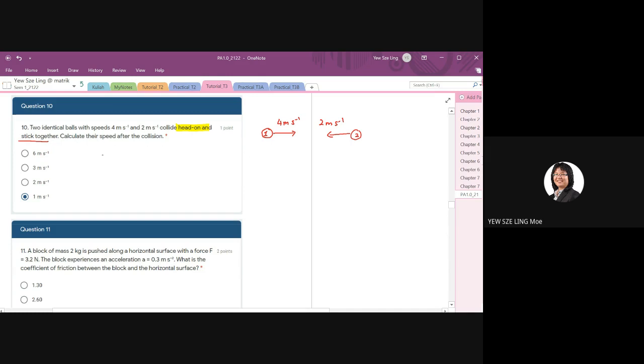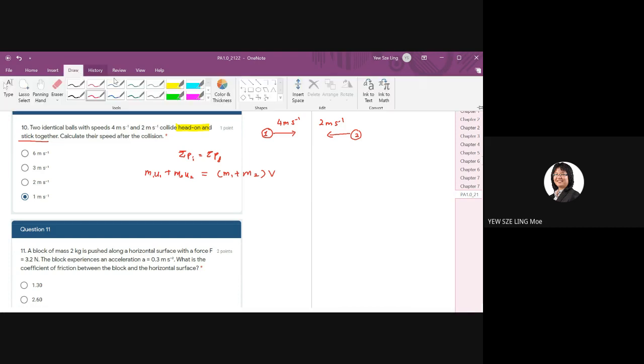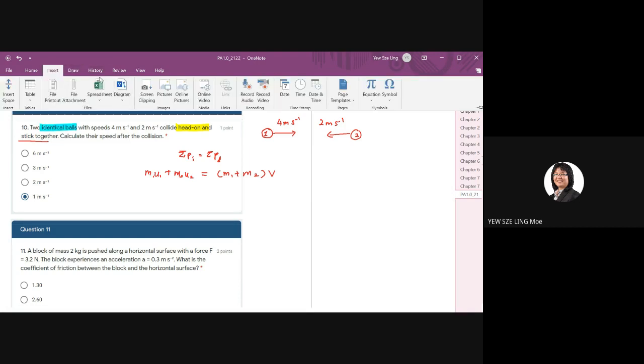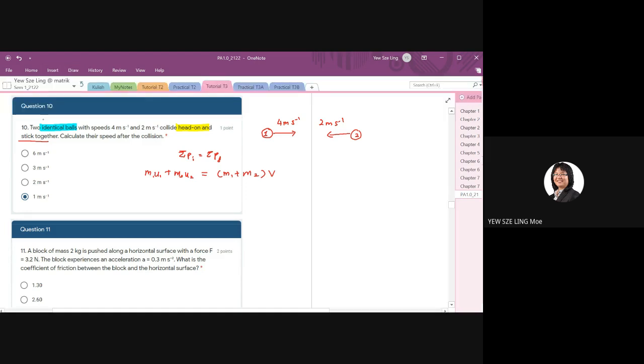So what can we do? Now you have a collision, then we use conservation of momentum to calculate it. So summation P initial equals summation P final. Initially, we have M1 U1 plus M2 U2 equals, now it sticks together, therefore M1 plus M2 times V. Because the question also mentions identical balls. Okay, so why is it so important about the term identical? It tells us M1 equals M2.